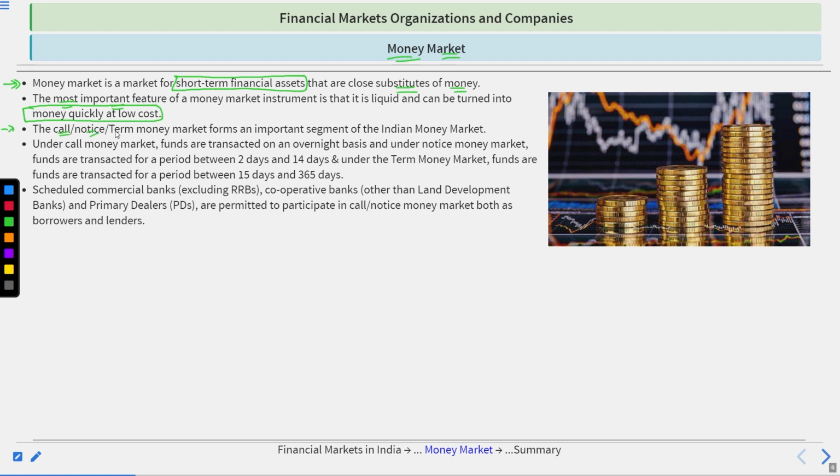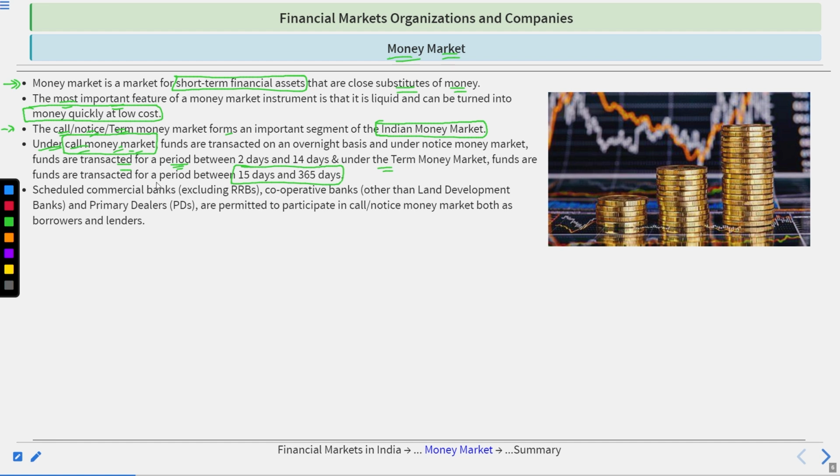The call, notice and term money market forms an important segment of the Indian money market. Under the call money market, funds are transacted on an overnight basis, under the notice money market, funds are transacted for a period between 2 days and 14 days, and under the term money market, the funds are transacted for a period between 15 and 365 days. So there are three ways of transferring funds under the money market.